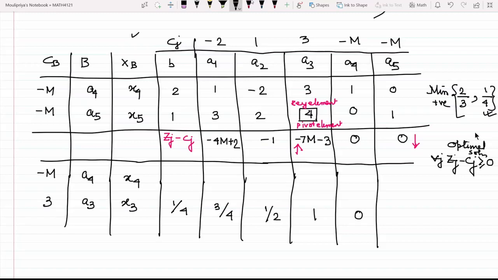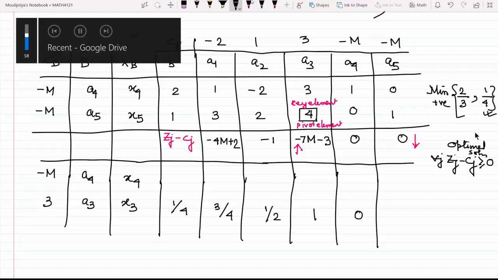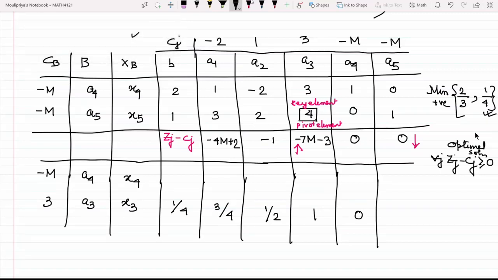Since A5 is the artificial vector and it has already left the basis, we need not make any further calculations corresponding to A5.